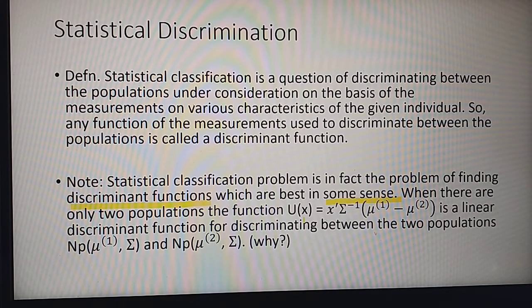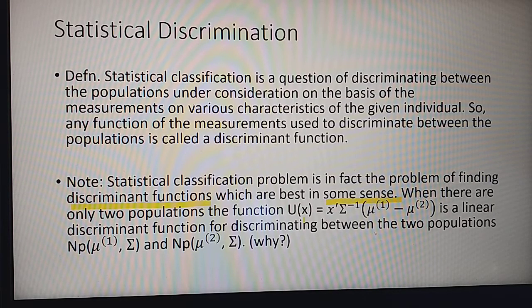So any function of x, where x is a vector of measurements on the individuals about which we are looking for a population to which it belongs, and u(x) is a function of this x prime, and u(x) gives a best classification rule, meaning it is used to classify the individual into one of the two populations.